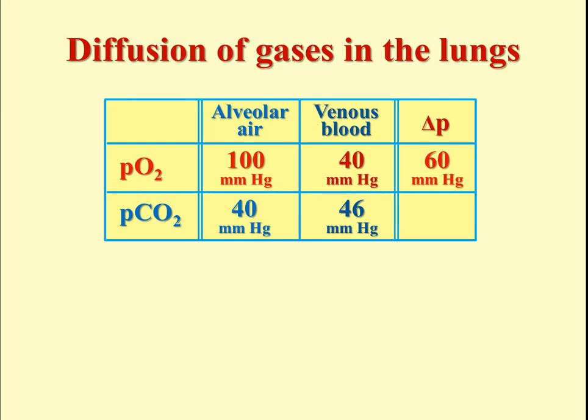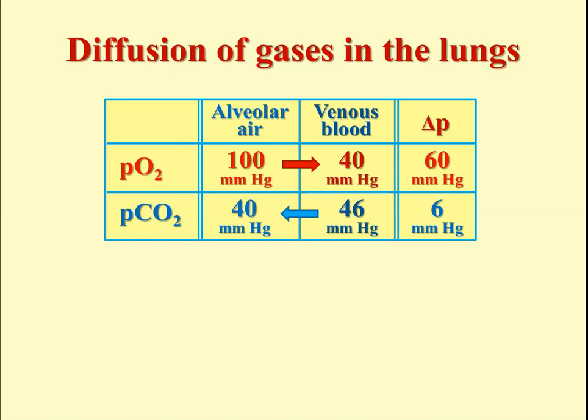The difference for carbon dioxide is much less, actually 10 times less, 6 millimeters mercury. The direction of gradients is opposite. For oxygen, the difference is directed from alveolar air into venous blood. And for CO2, it's from blood into alveolar air.